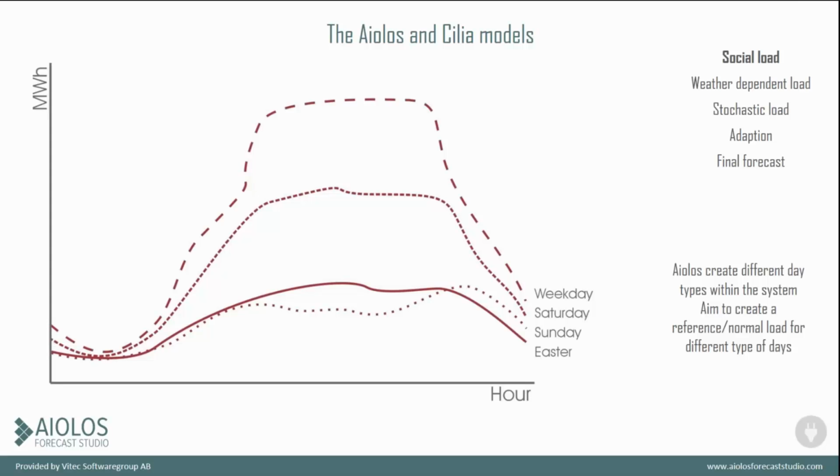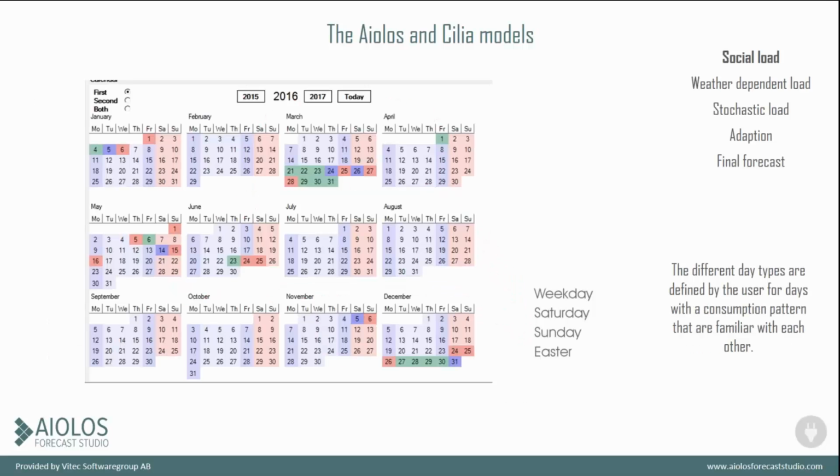And when you define different day types, you add them into the day type calendar. This day type calendar uses a three-step way to do it.